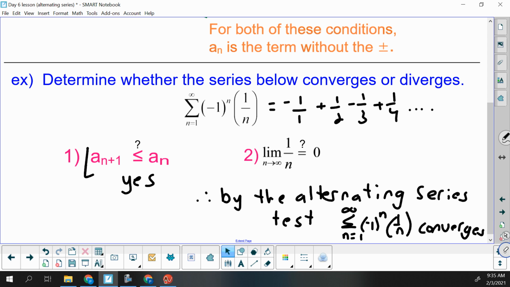Now, usually you'll have to write these. These first couple, we're writing out for you just so you know what to think about. But normally for an alternating series test, you will have to actually write that.